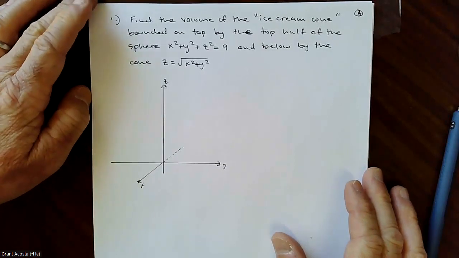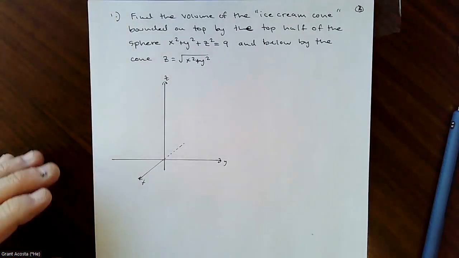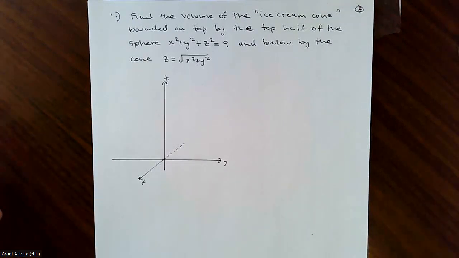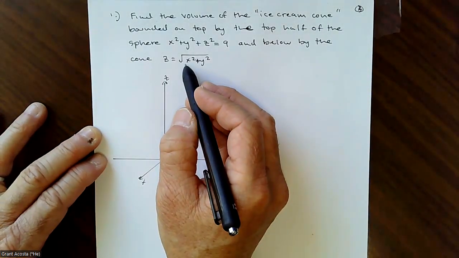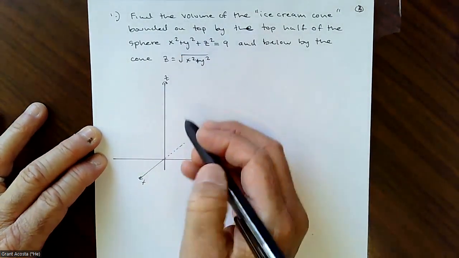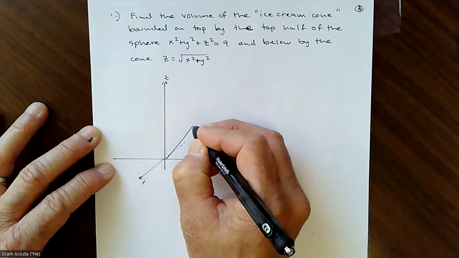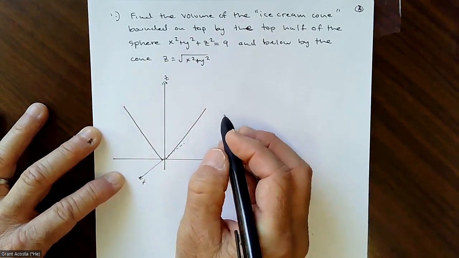If you looked at the cylindrical coordinate video, we did an ice cream cone volume, and this one's another ice cream cone. But this time our ice cream cone is formed from the cone on the top and the top half of a sphere. So you may remember this cone looks something like this, going upward.